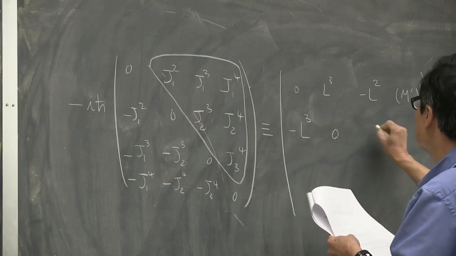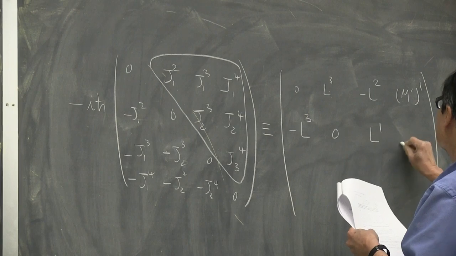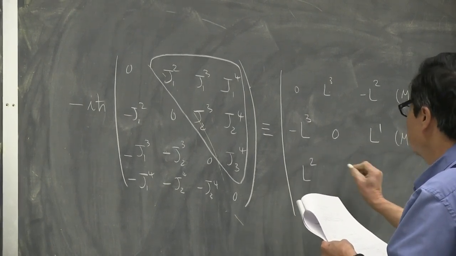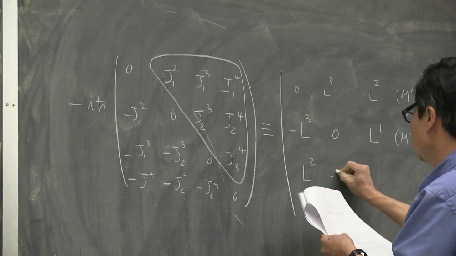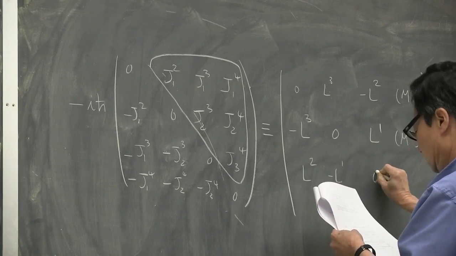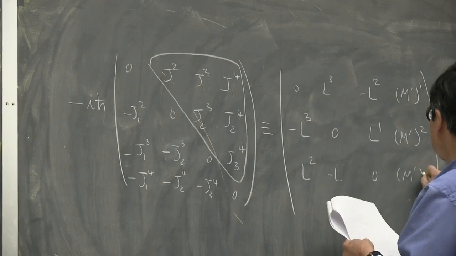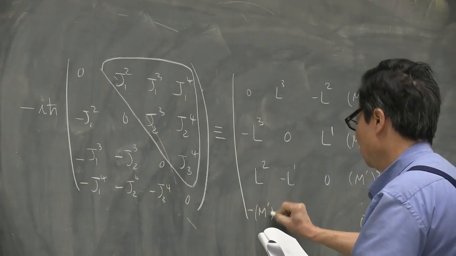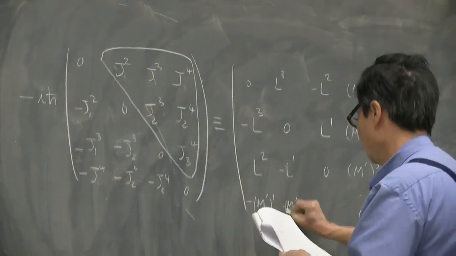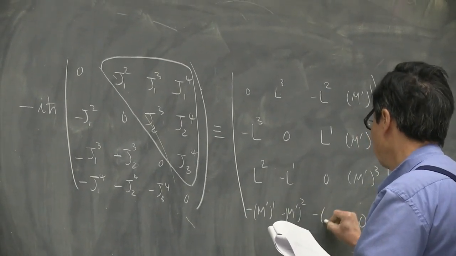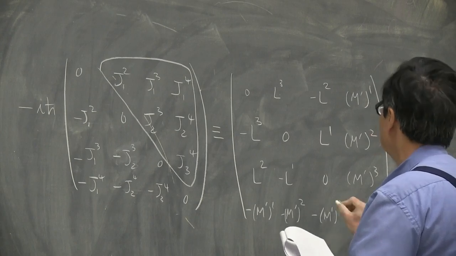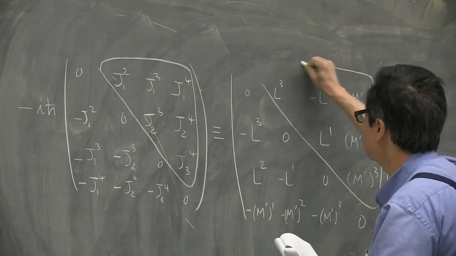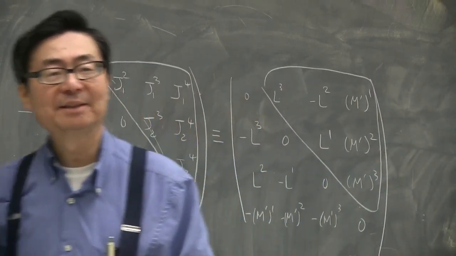This one is 0. This one is L1. This one is M prime 2. This one is L2. This one is minus L1. This one is 0. This one is M prime 3. This one is 0. Minus M prime 1. Minus M prime 2. Minus M prime 3. And so we have these 6 independent ones in here. And you see how they are laid out?